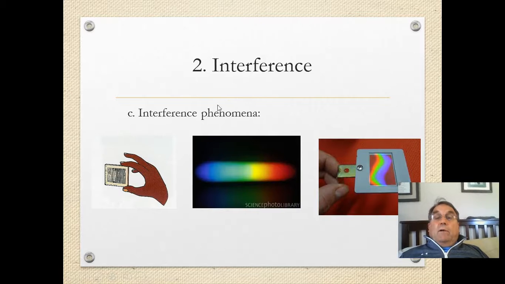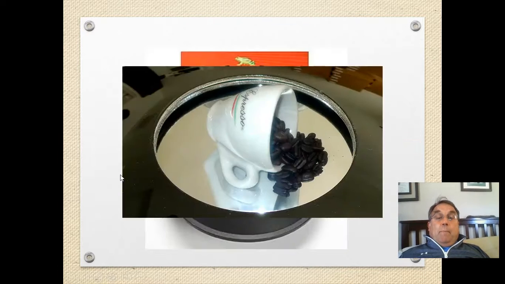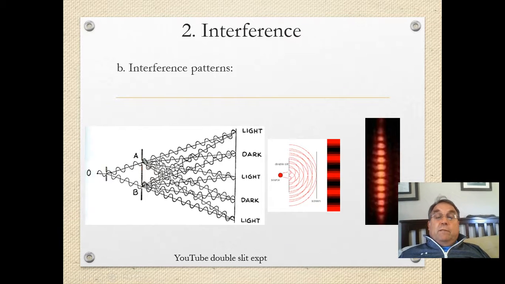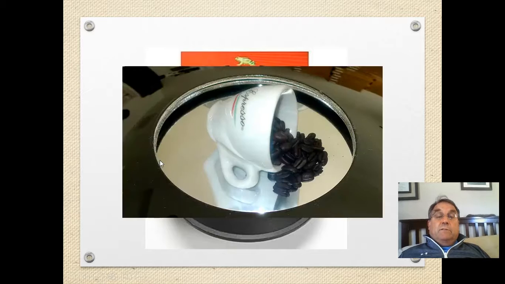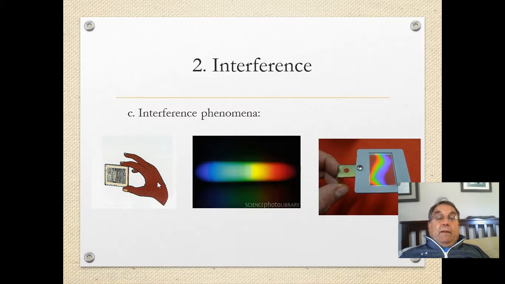Okay, another case of diffraction and interference together is a diffraction grating, which is a thin film with thousands of lines per square inch. So we're getting massive numbers of diffraction patterns and interference patterns. And when you shine light through it, you get a dispersion of the entire spectrum of the visible light.